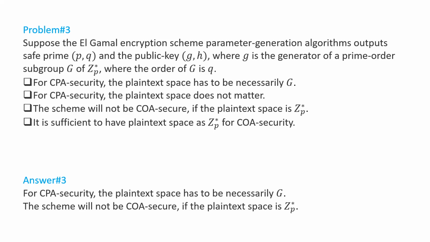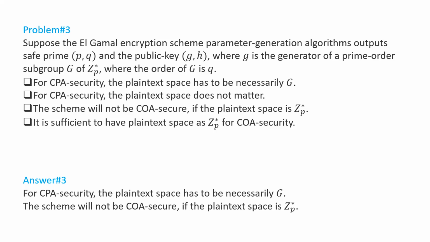Now, how do you encrypt them in the ElGamal encryption scheme? You choose some beta and compute C1 equal to G to the power beta, which is the first component of the ciphertext. And the second component C2 will be of the form H to the power beta into MB, where B can be 0 or 1.